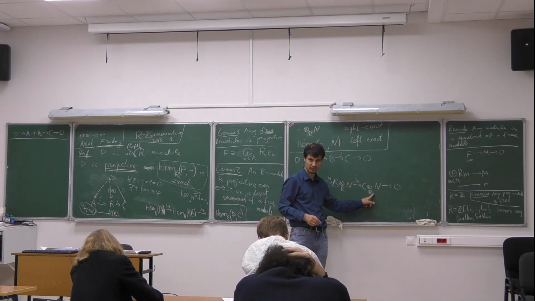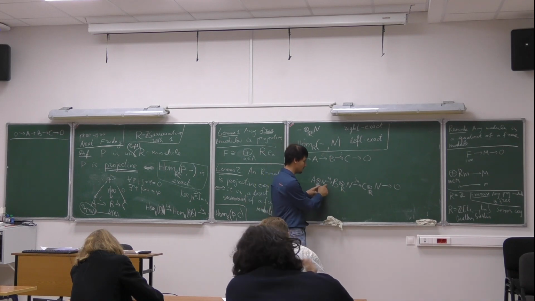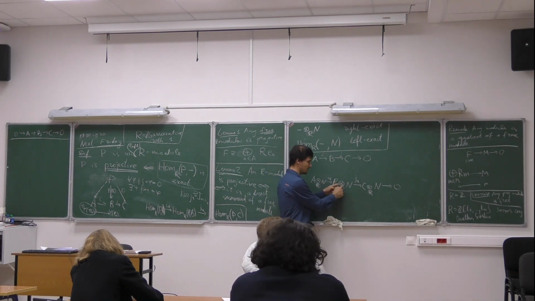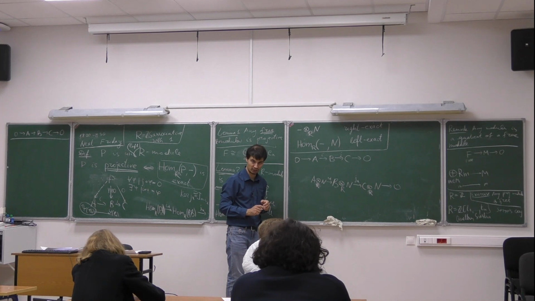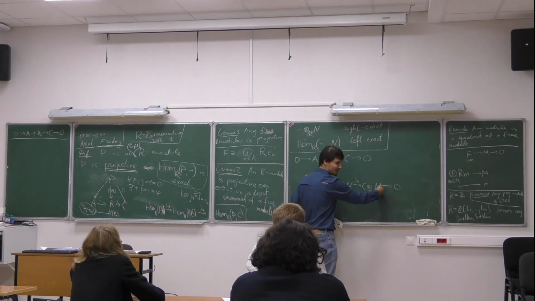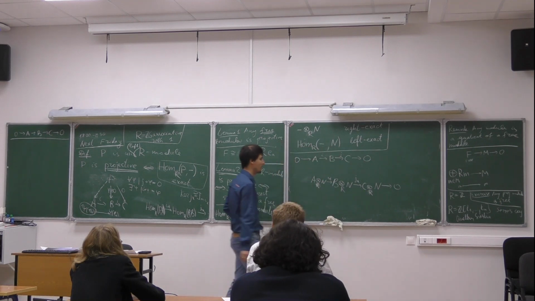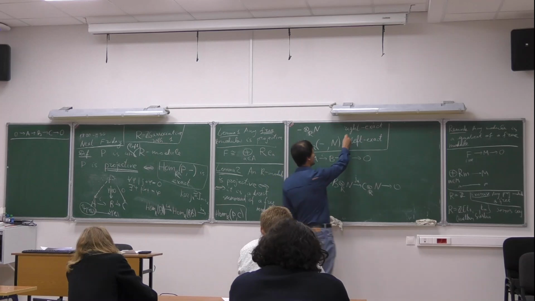We still know that the image of I star coincides with the kernel of G star, but we cannot guarantee that I star is injective. So this is called right exactness.